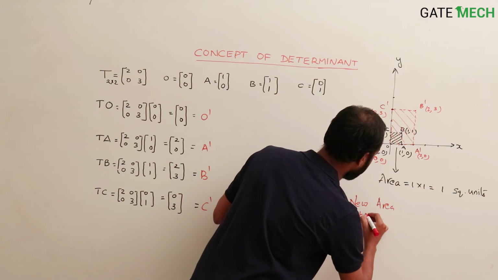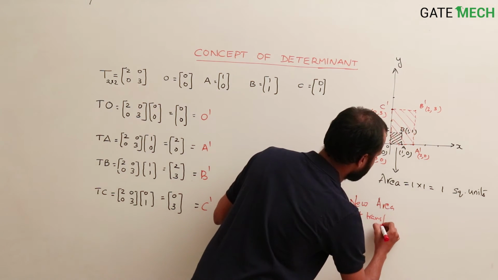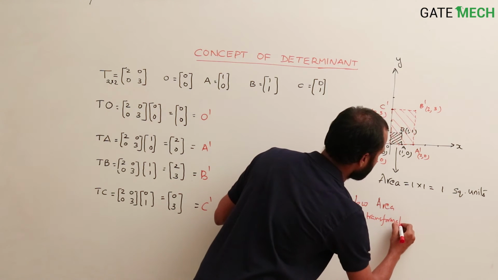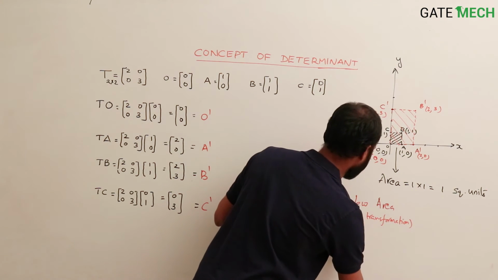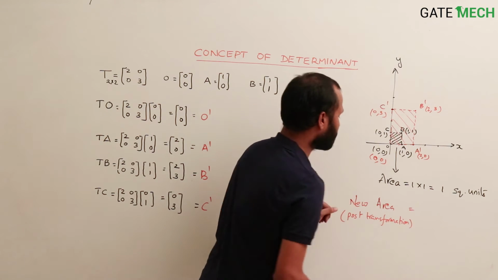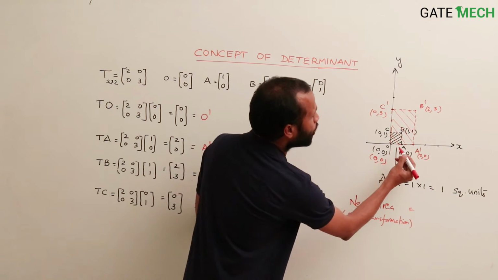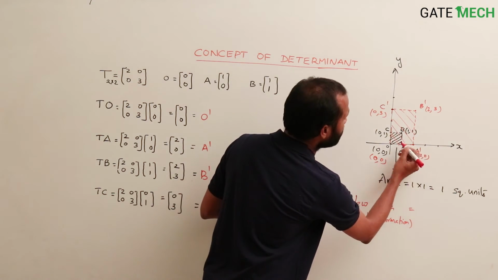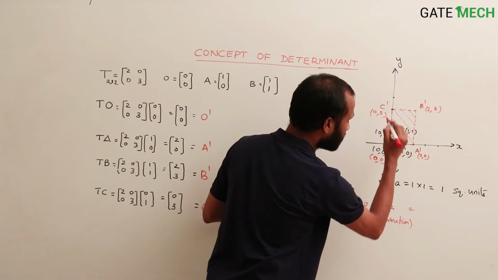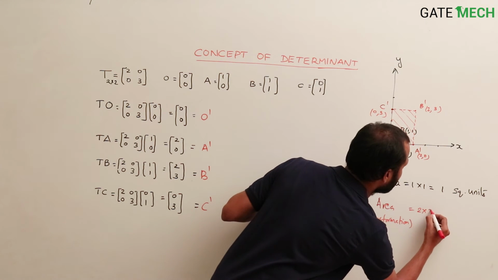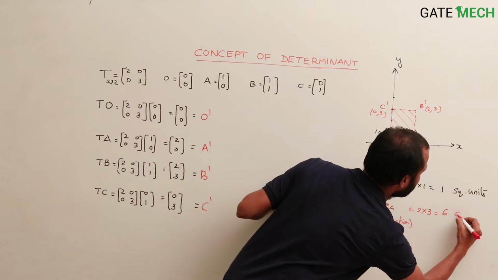Transformation here means multiplication with the transformation matrix T. So the new area is equal to width 2 units into height, how many units? 3 units. So that is 2 into 3, that is 6 square units.